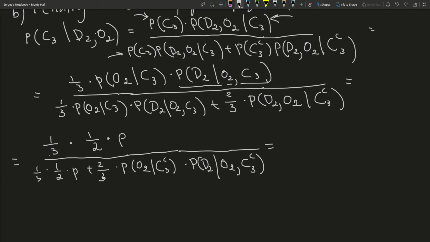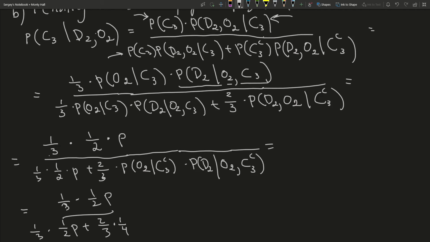So by the same logic as in part A, let's rewrite this part here: 1/3 times 1/2 p plus 2/3. By the same logic as in part A, the probability that there's a computer behind the second door, given that the car isn't behind the third door, is 1/4.